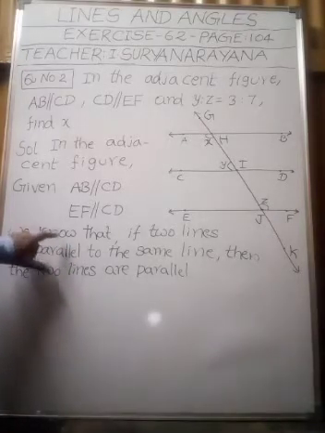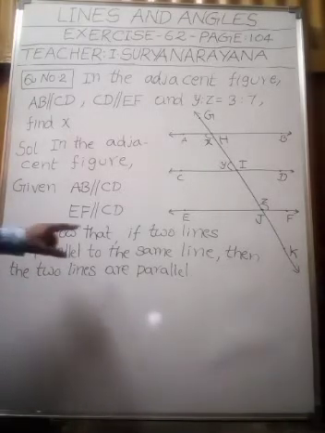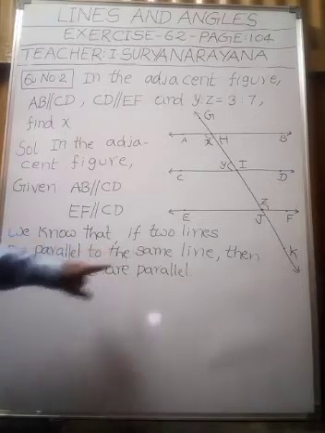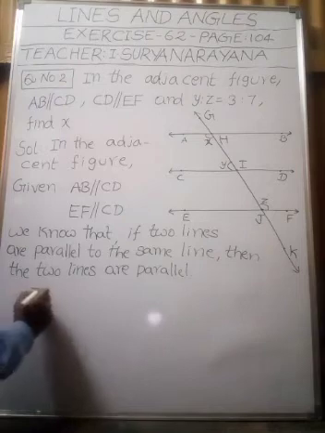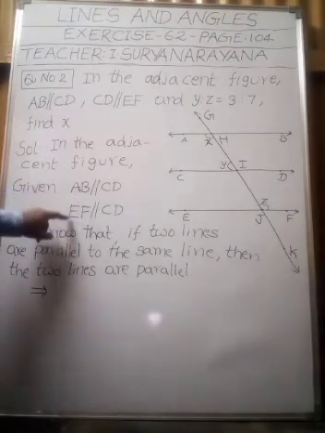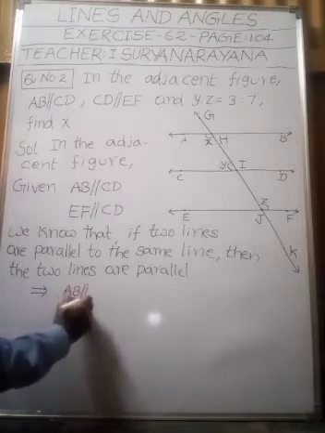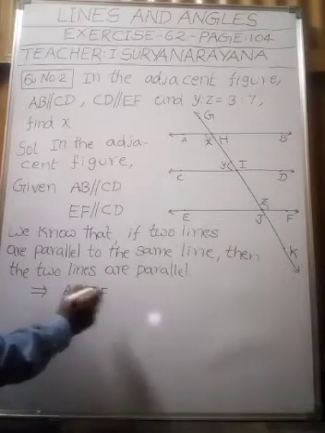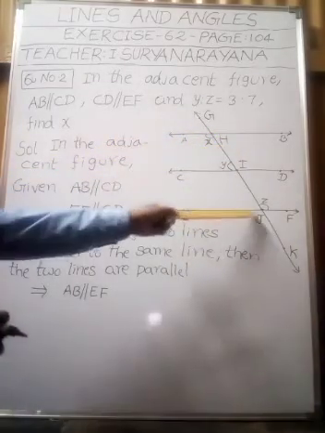Do you remember this point, my children? Last point in the concepts of exercise 6.2. If two lines are parallel to the same line, then the two lines are parallel lines. So this implies, what can you say here? AB is parallel to EF.